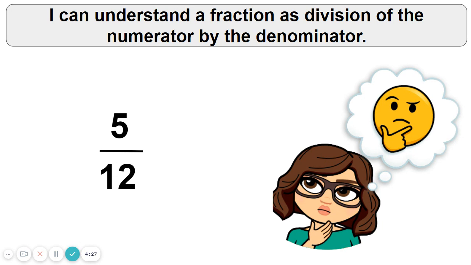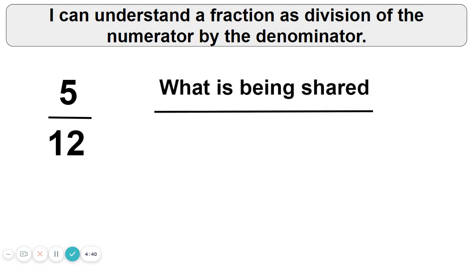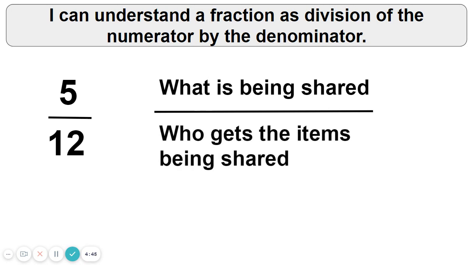So I'm thinking, how can I turn this into a problem? Or how can I look at this a different way? So I remember that my number on the top is what is being shared. And then my number on the bottom is who is getting the items that are being shared.